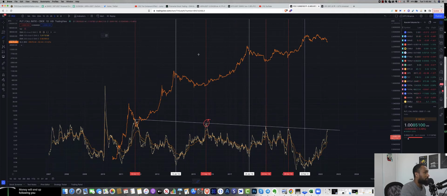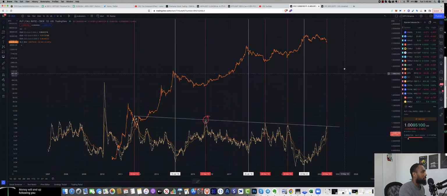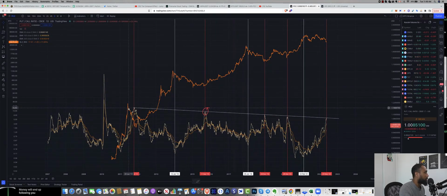But if we look at where we are right now, buying Bitcoin at these prices, respective of the put to call ratio and how it's respected this trend line, every time it's come down here, we've declined and the Bitcoin price has gone up.